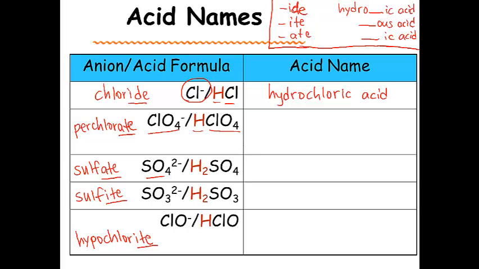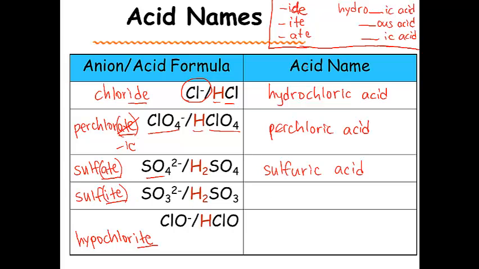The suffix is ATE, so I go up to the top. ATE suffix ends with IC. So this is called perchloric acid. So I take off the ATE and I put on IC and then put the acid on it. This ATE will be removed, and in this case we call this sulfuric acid rather than sulfic acid.